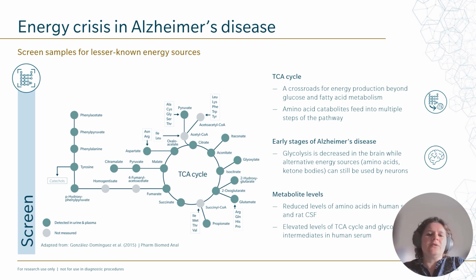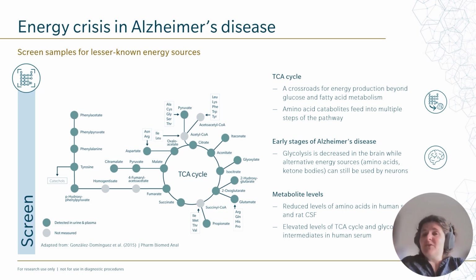And so when we do a broad screen in the blood of different metabolites, you see here in green again the ones that are measured with the MxP Quant 1000 kit. So you have a nice coverage of the TCA cycle and also of lots of analytes that come and feed into it. So you're going to get your picture first, your quantitative picture of metabolism, and then you can start to think of how that relates to the disease you're interested in, in this case, Alzheimer's disease.